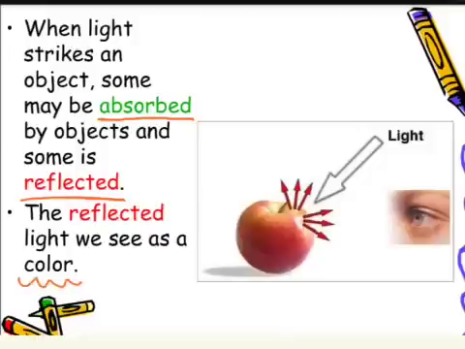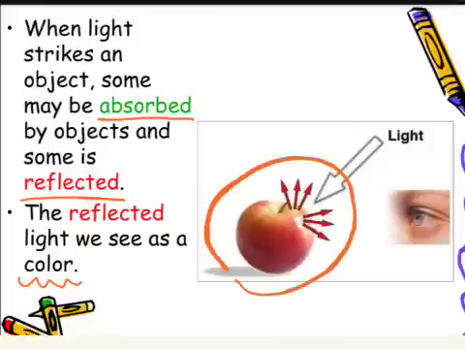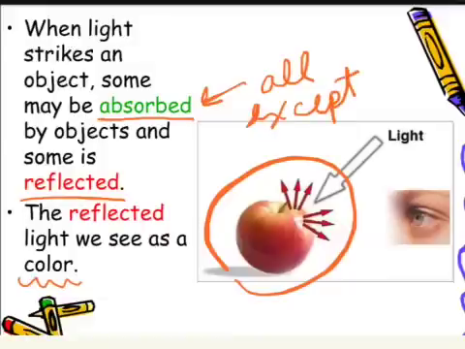So let's say we see an apple, like in this picture. On the apple, we're shining white light. Maybe it's the light inside your house, maybe you're outside and it's sunlight, but the apple appears red to our eyes because it is absorbing all the colors except the red wavelengths.